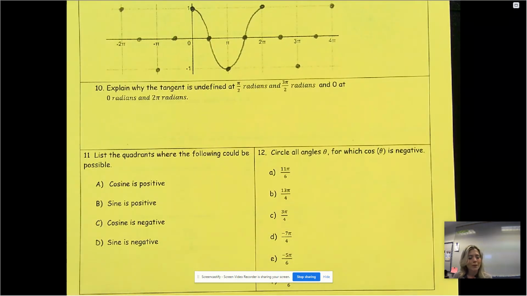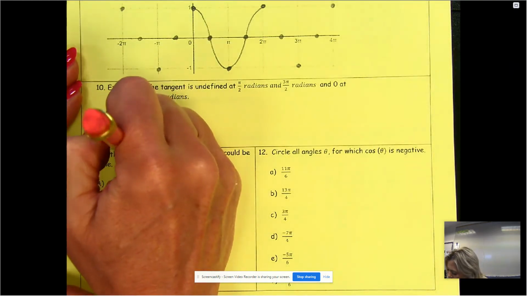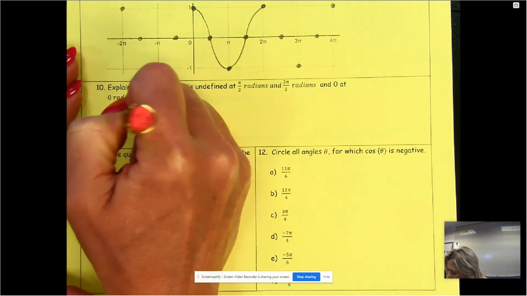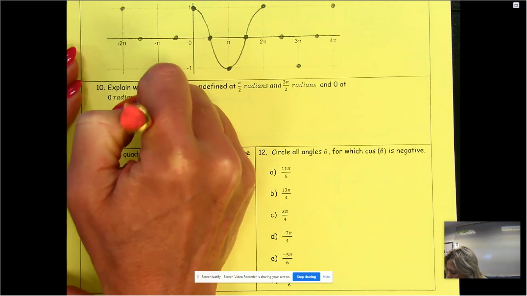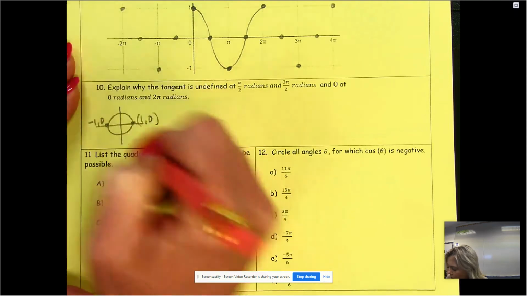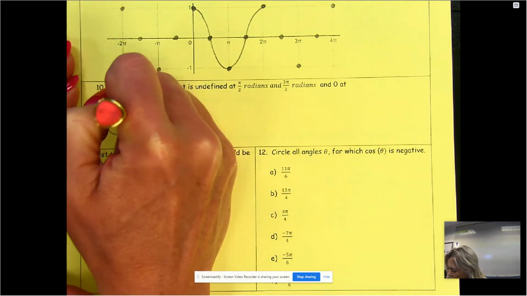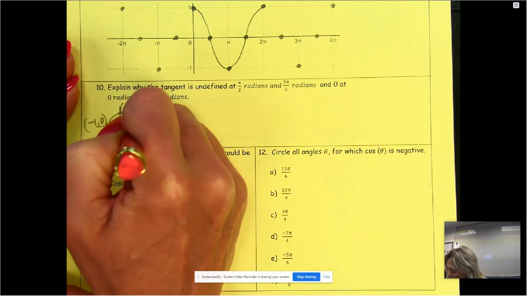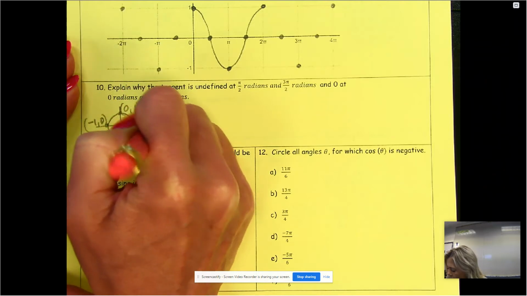Number 10, explain why the tangent is undefined at pi over 2 and 3 pi over 2, but 0 at 0 and 2 pi radians. Okay, so thinking about where those points lie on the unit circle. So this is the point 1, 0, and this is the point -1, 0. This is 0, 1, and 0, -1.